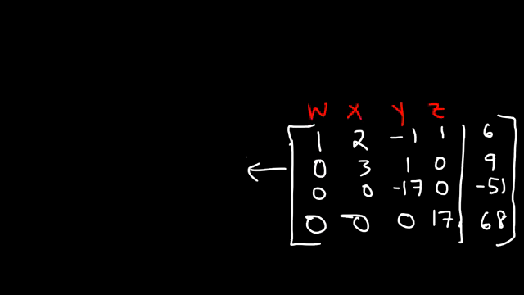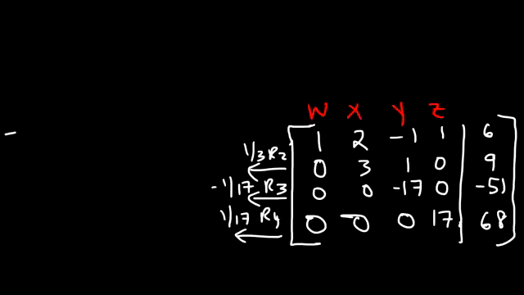The second row, I'm going to multiply it by 1/3 to make this a 1. And then the third row, I'm going to multiply it by negative 1 over 17. And then row 4, I'm going to multiply it by positive 1 over 17.